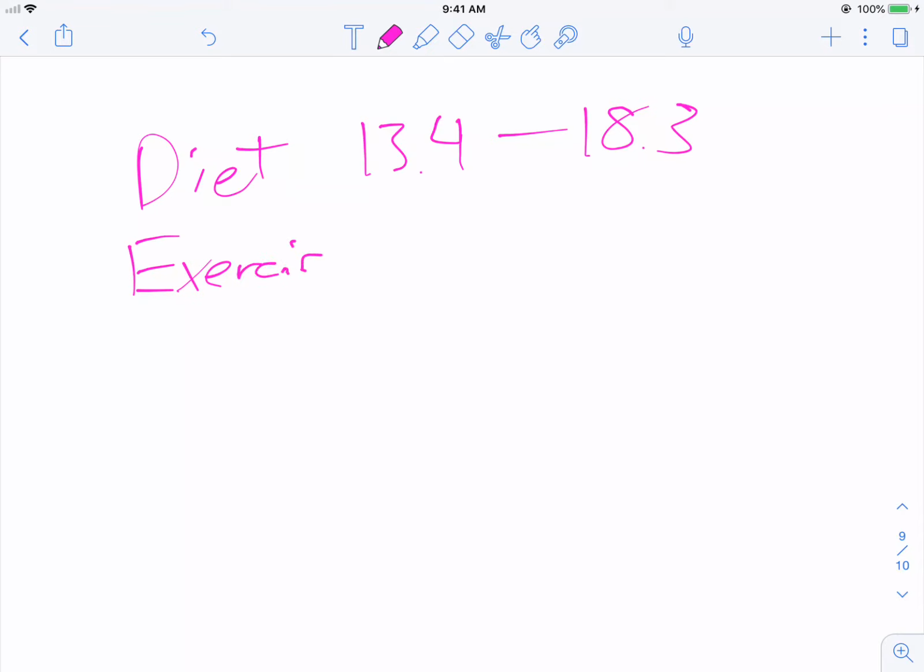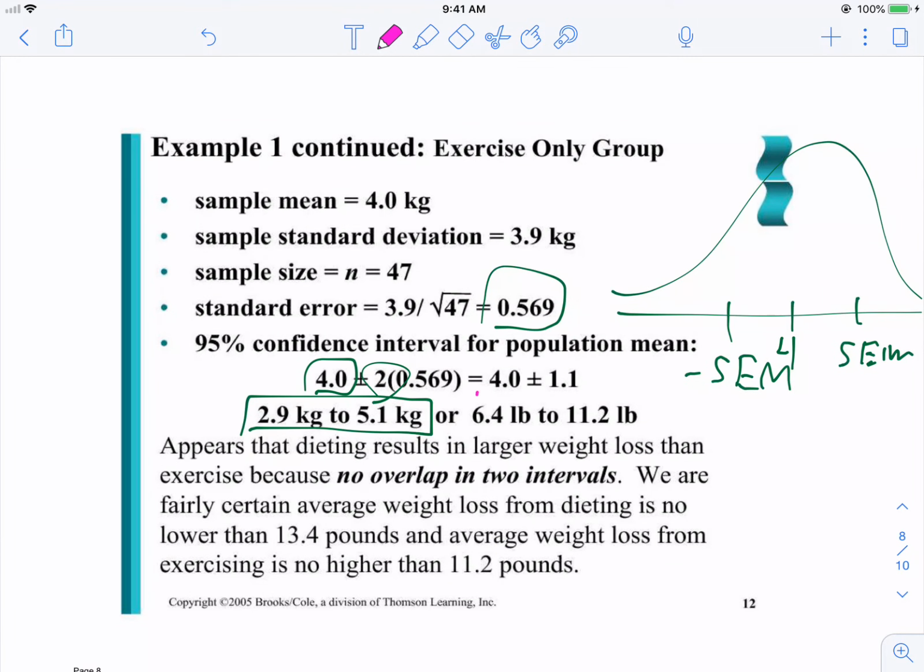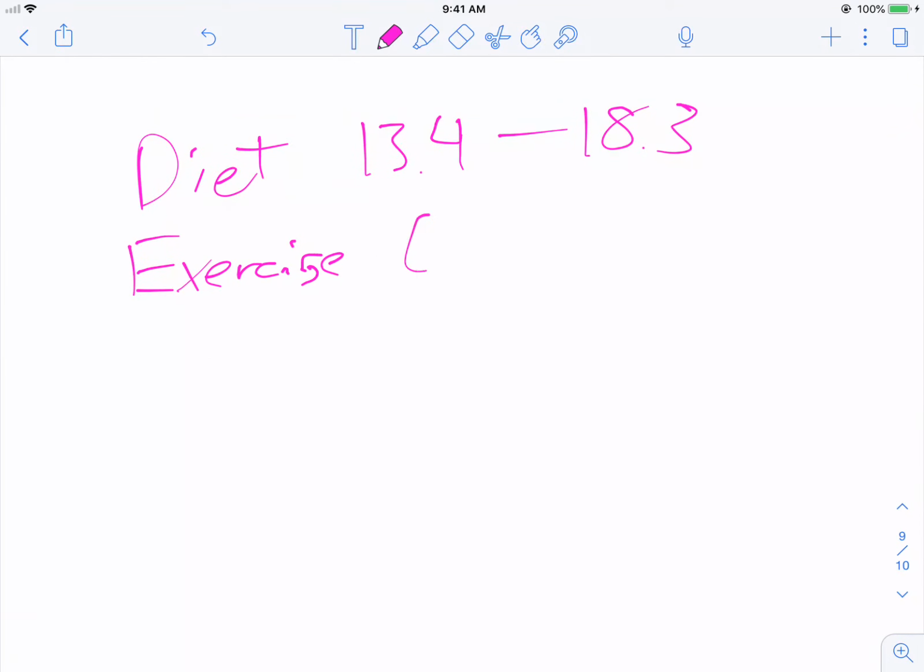For the exercise group, that interval in pounds was 6.4 to 11.2 pounds. Now think about these two intervals. They do not overlap.